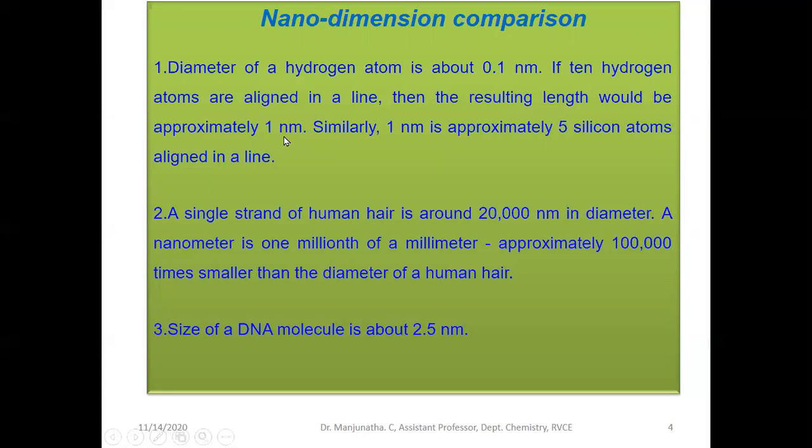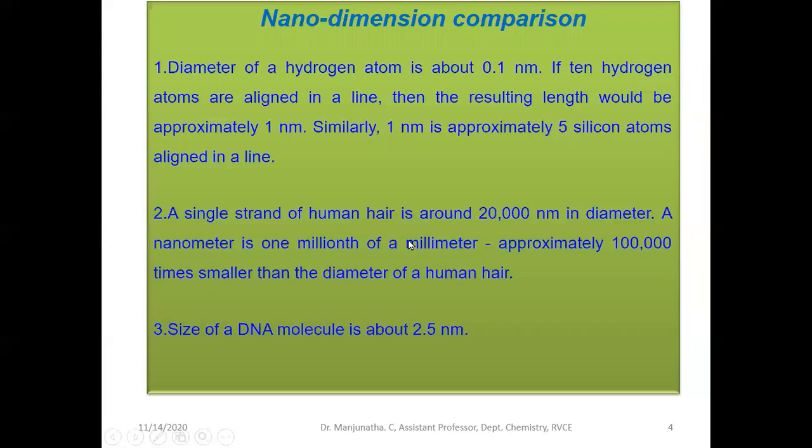So 1 nanometer is almost the length of 10 hydrogen atoms. Similarly, 1 nanometer is approximately 5 silicon atoms arranged in a line.